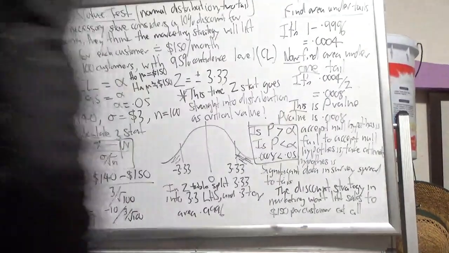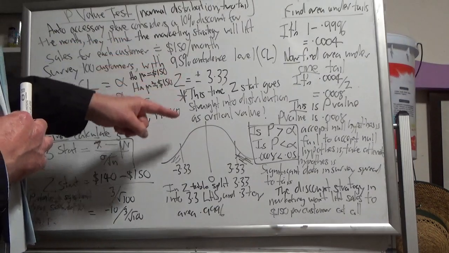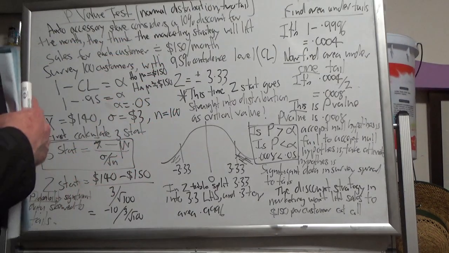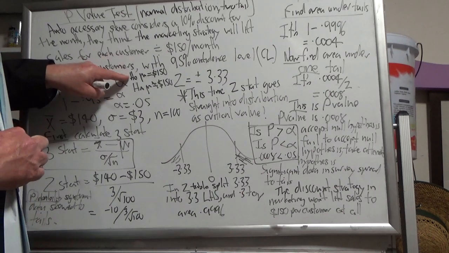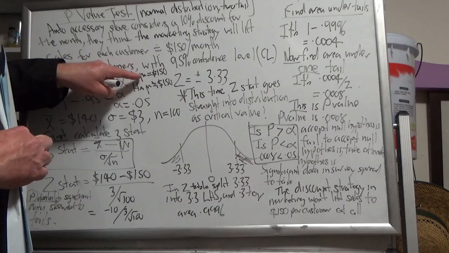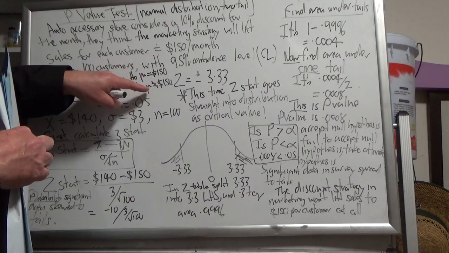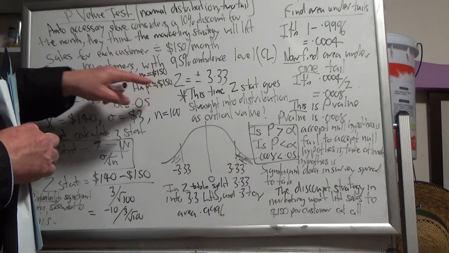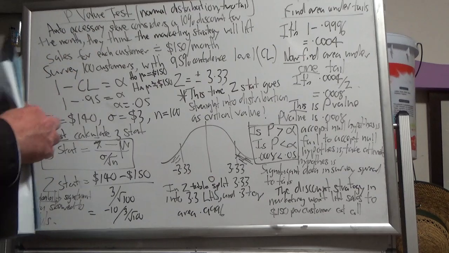Didn't have much space. So here it is. H0, the population mean equals $150, and HA is mu not equal to 150. So it's a two-tailed test.